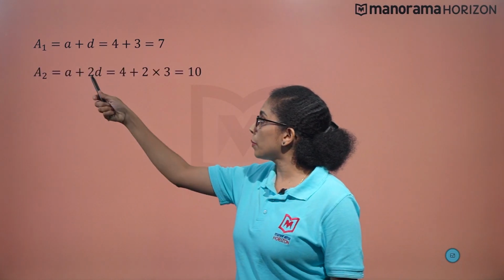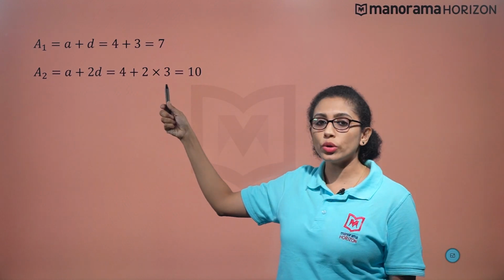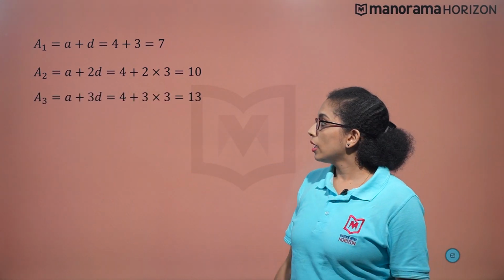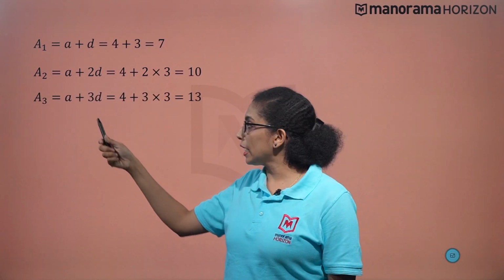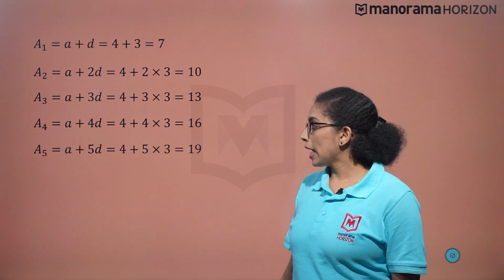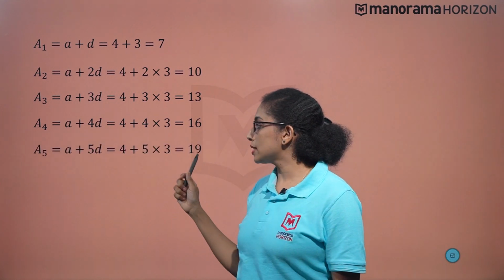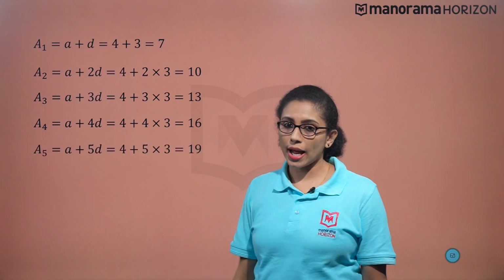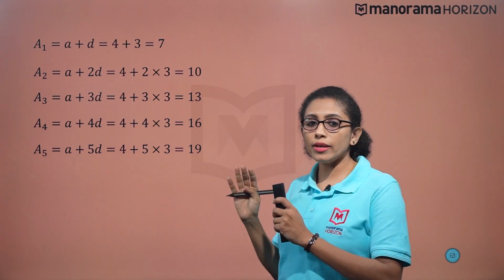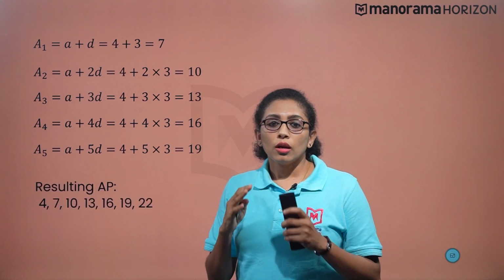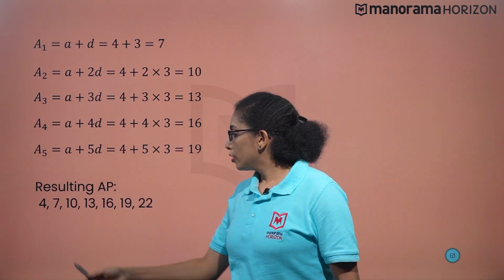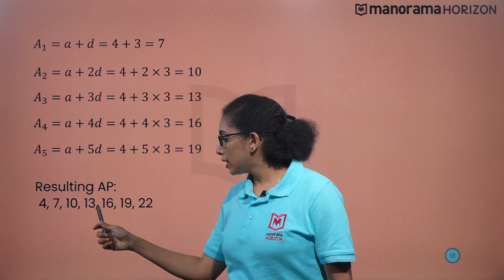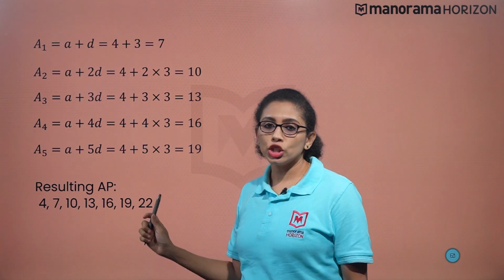A2 is equal to a plus 2d, which is equal to 4 plus 2 into 3, which is equal to 10. Like that, we can find a3, a4 and a5. So, a5 we get it as 4 plus 5 into 3, that is 19. So, hence these 5 numbers between 4 and 22 are 4, 7, 10, 13, 16, 19 and 22.